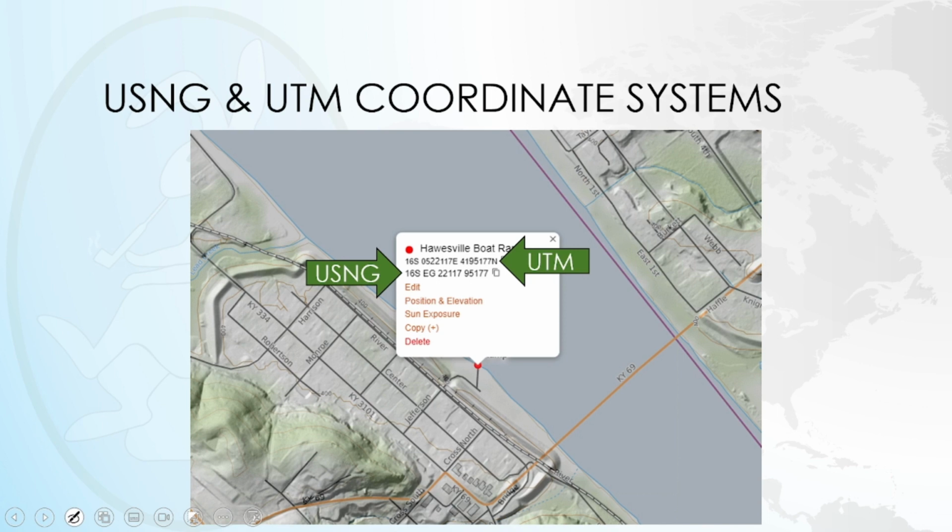But over the past couple of years, I've started to switch more towards teaching the US National Grid coordinate system because this aligns with the NASAR literature and the fundamentals of search and rescue. That's what they teach. They teach US National Grid. So I've started to switch from going UTM heavy to US National Grid heavy, but they're very close, very similar. Once you get the hang of it, you'll find that it's seamless.